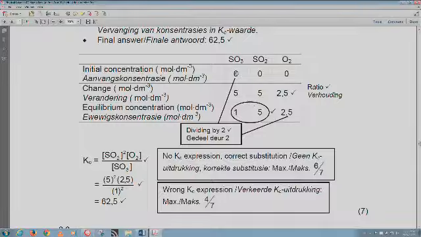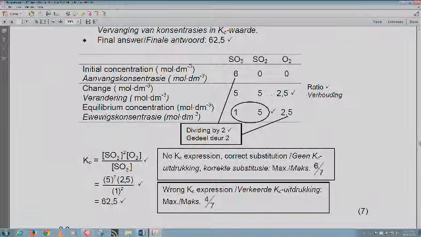So if you have 6 moles, initial concentration of SO3 there as 6, and the equilibrium concentration of oxygen there as 2,5, for both of these, it's 1 mark for the dividing by 2. And then the second mark, if the change in moles of oxygen is equal to the equilibrium concentration minus the initial concentration there, is the second mark.